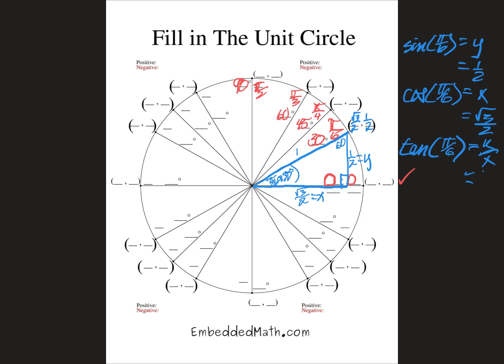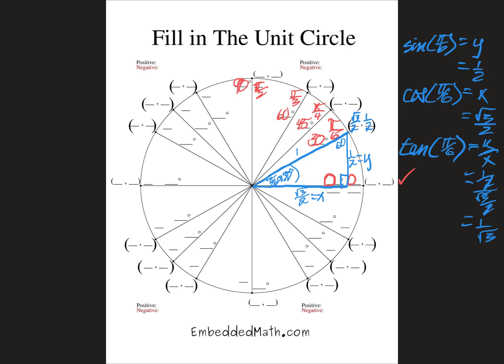So you'd get 1 over 2 over square root of 3 over 2. Since they're over the same denominator, those divide out, and you'd be left with 1 over square root of 3. And this is how you would find every trig function on this page.